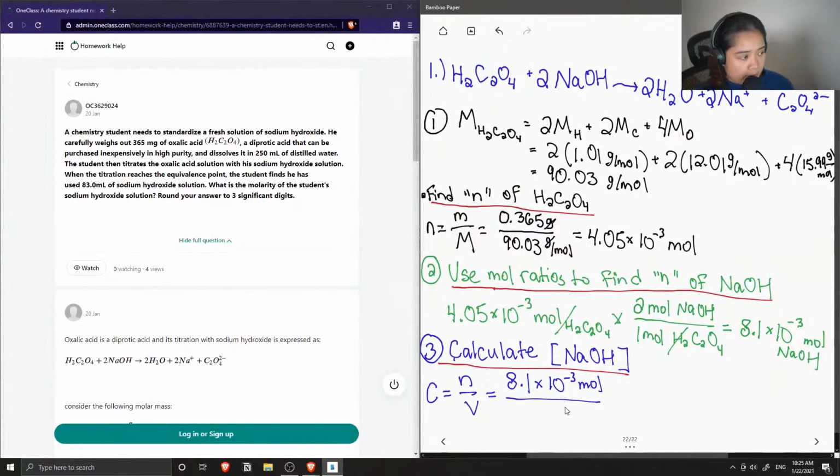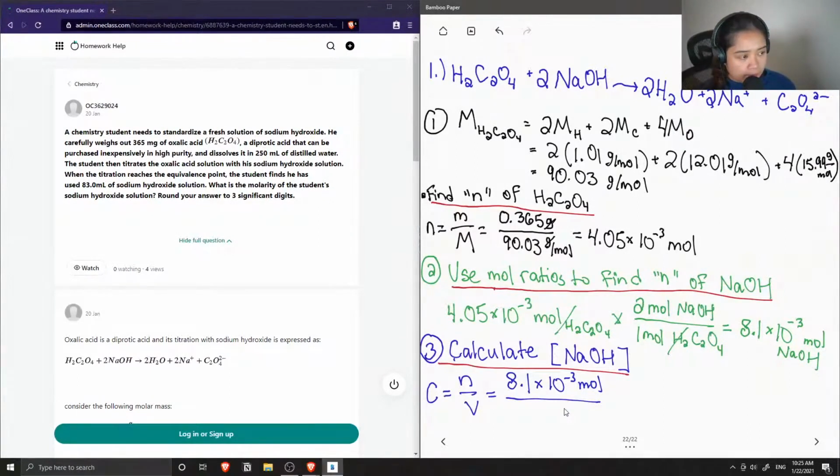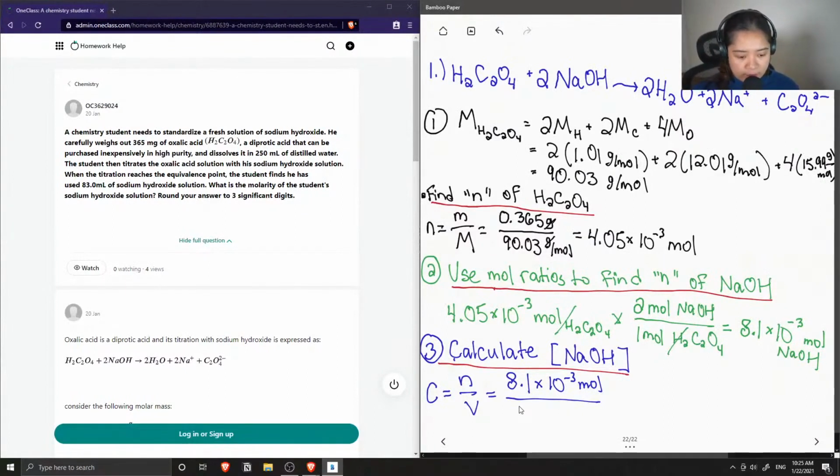And the volume of sodium hydroxide was given in the question. So he used 83 milliliters of sodium hydroxide to react with the oxalic acid. So I'm going to convert 83 milliliters to liters, so that our final answer will be in moles per liter. So 0.083 liters. And if we divide the two, we get 0.0976 moles per liter. This is our final concentration.